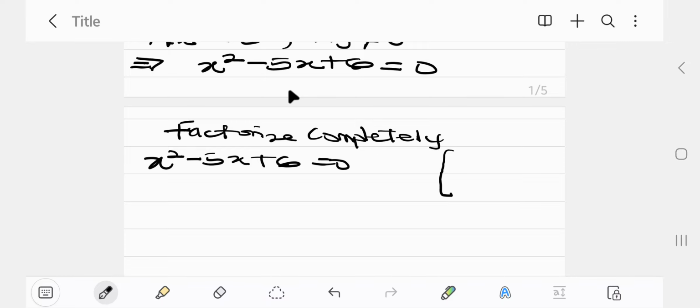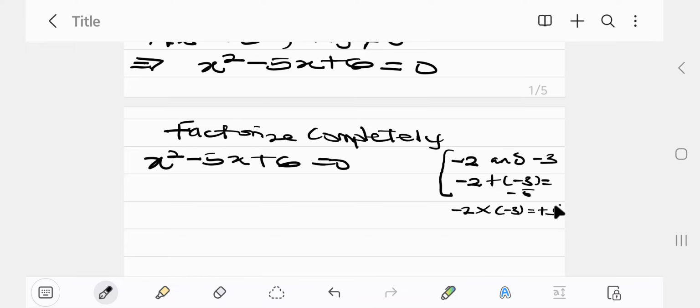Let's check for two numbers that when we add them together give us minus 5, and when we multiply them together the result is plus 6. The two numbers are minus 2 and minus 3. Note that minus 2 plus minus 3 gives us minus 5, and minus 2 times minus 3 gives us plus 6.